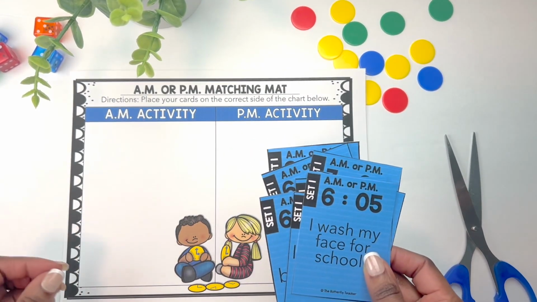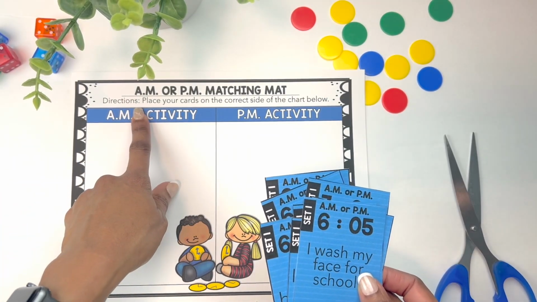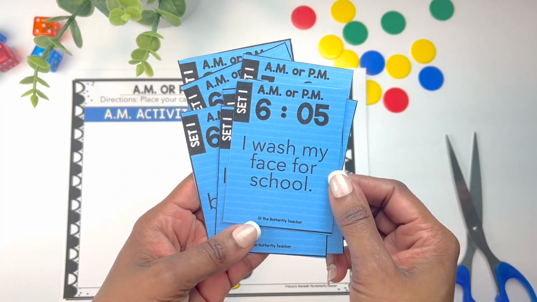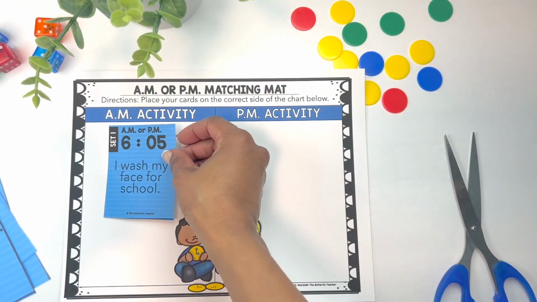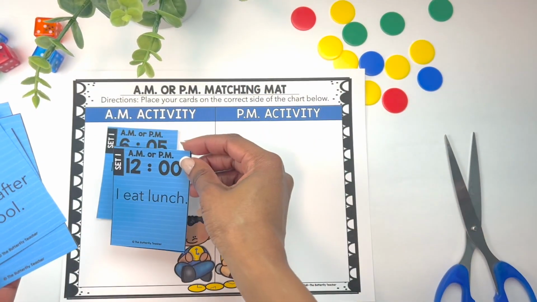This simple matching activity for math helps second graders to be able to differentiate between AM activities and PM activities. So we have different things that students will read and they will decide, does that go on the AM side? Does that go on the PM side?